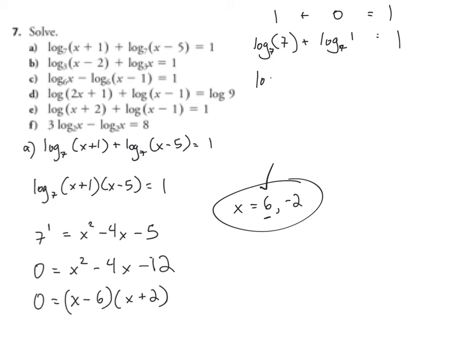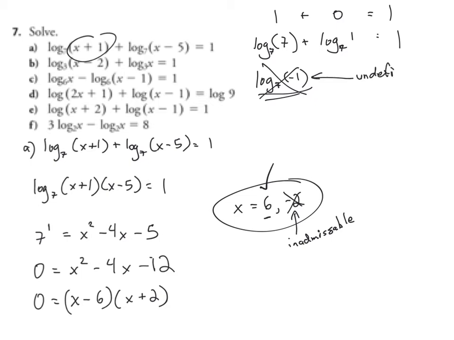Let's try the other one. Log base 7 of x plus 1. Negative 2 plus 1 is negative 1. This is not defined. So this is not going to be admissible. Inadmissible, because it would make this undefined.